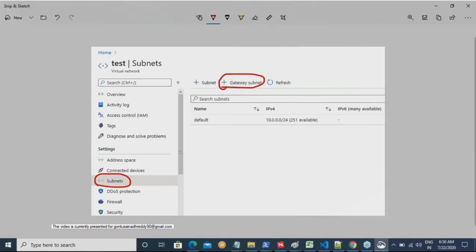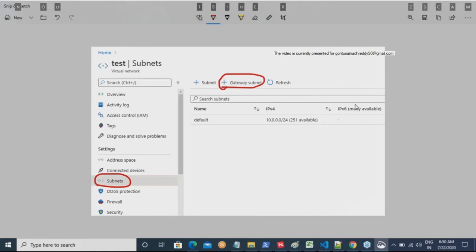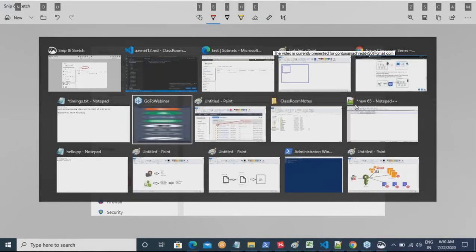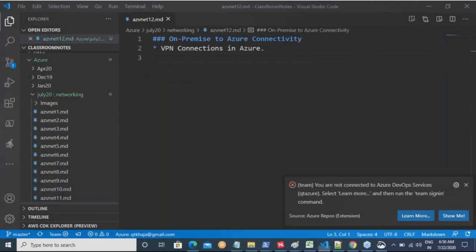Okay, right? So let us try to understand what is gateway subnet in Azure. What is the whole gateway subnet in Azure, right? So now gateway subnet is also part of your address space of your virtual network.